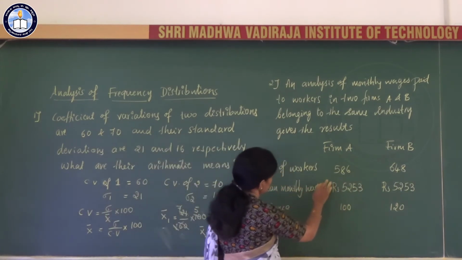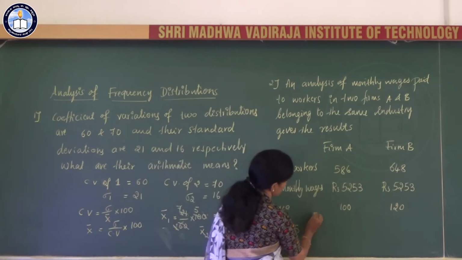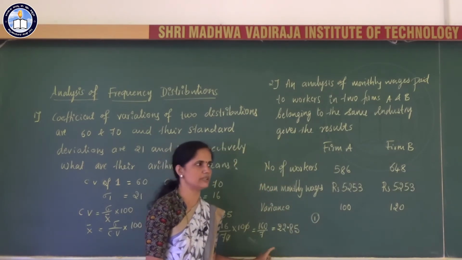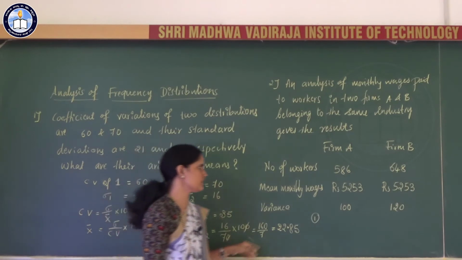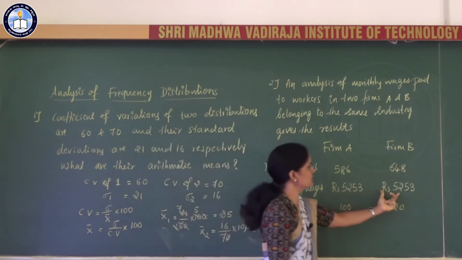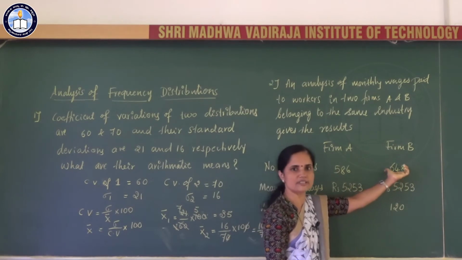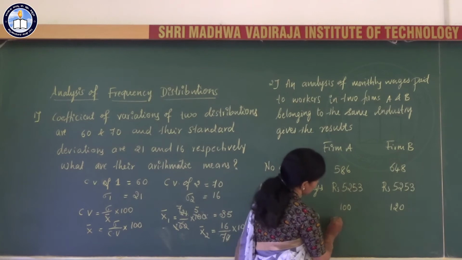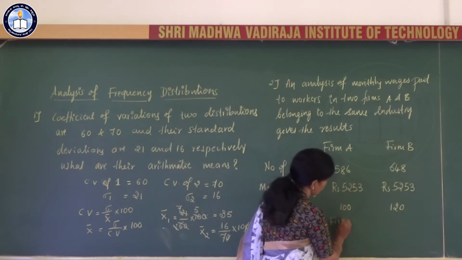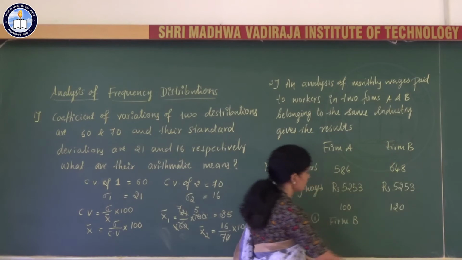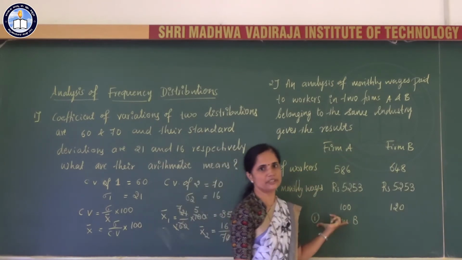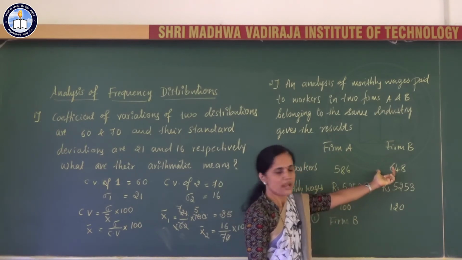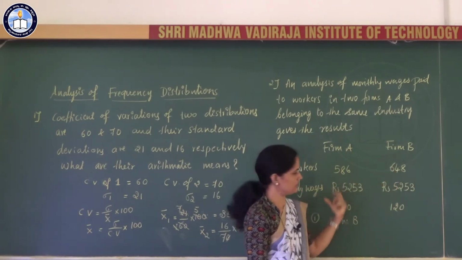They ask the question, I have not written the question, in which two questions are there: in which firm they will pay more money, more monthly money. So the average is same in both the cases, therefore here the workers are more, therefore the answer for the first question is firm B. Firm B pays more money as the monthly wages, because here the workers are more and the average salary is same for all the workers.